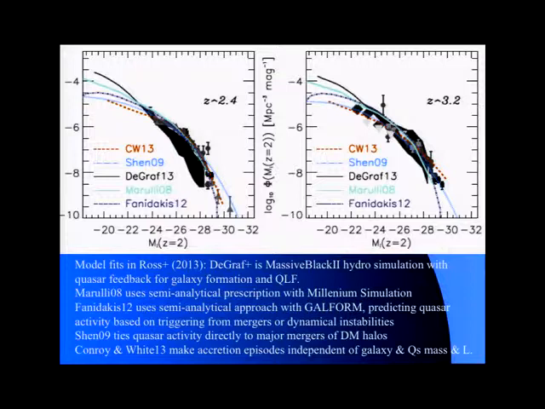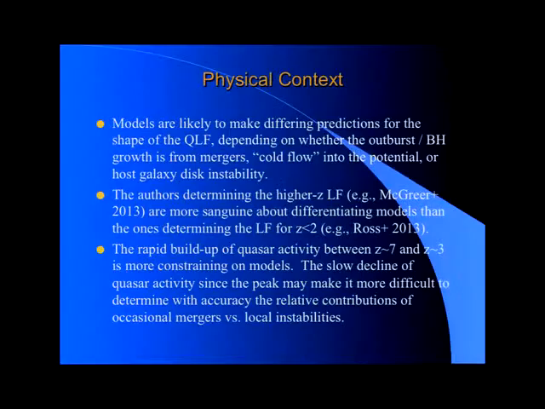Fanidakis et al. is a semi-analytical approach with a different galaxy formation scenario, where the triggering can also be based on local disk instabilities to get gas to flow into the middle. And Conroy and White tie things more to halos and less to individual physics of the local sources.